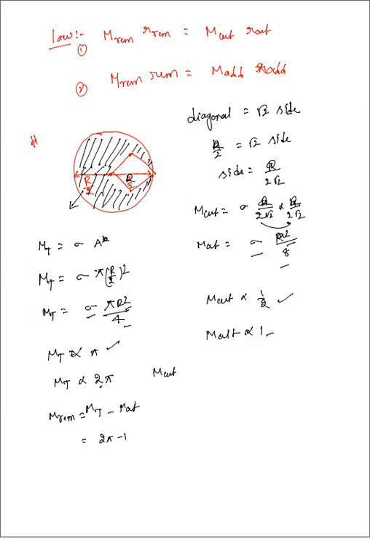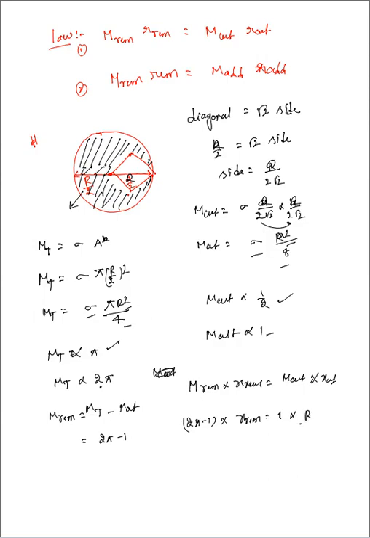Now let me write M remaining into x remaining equals M cut into x cut. Therefore, 2 pi minus 1 into x remaining, which we need to calculate, equals the M cut value, 1 as we considered, into the x cut value, R by 2.